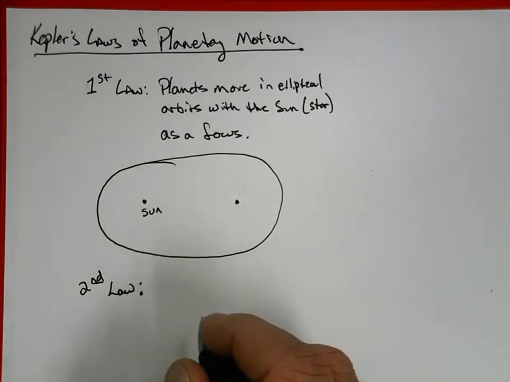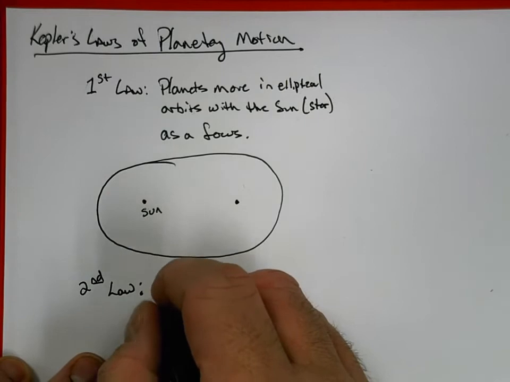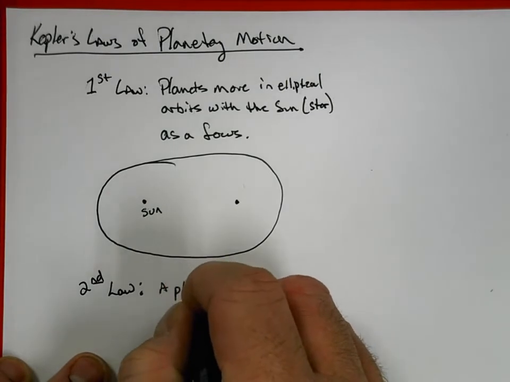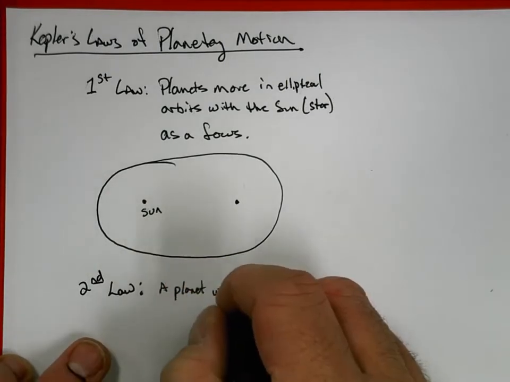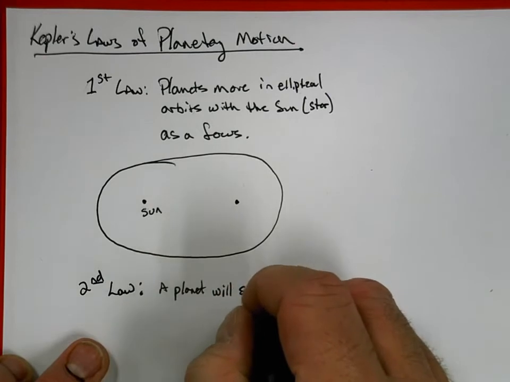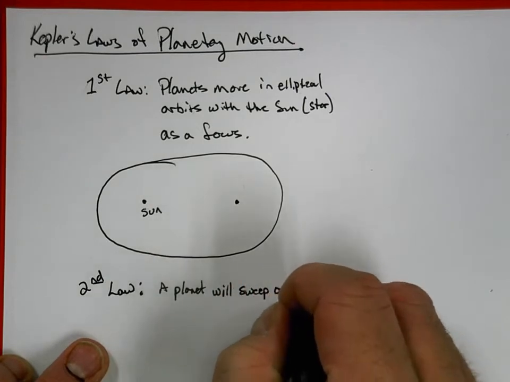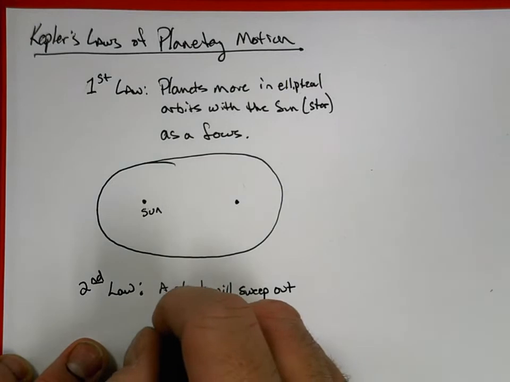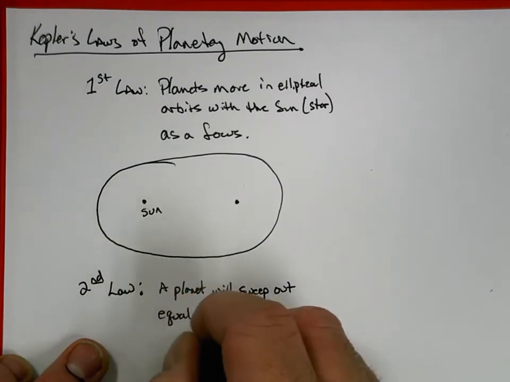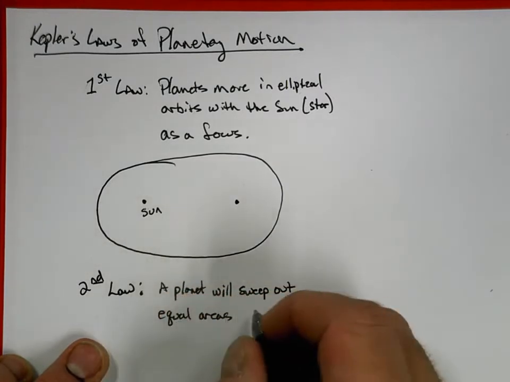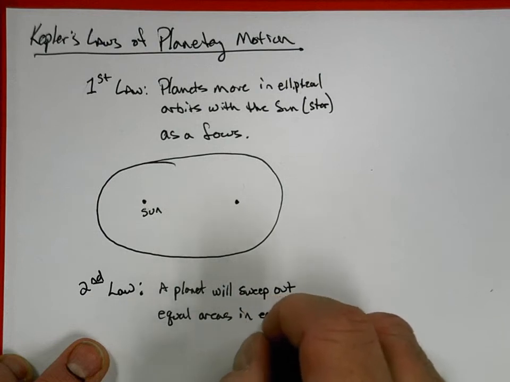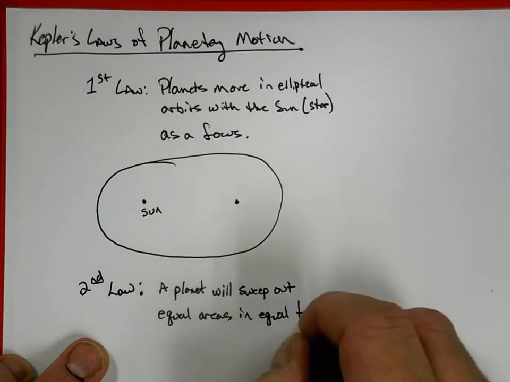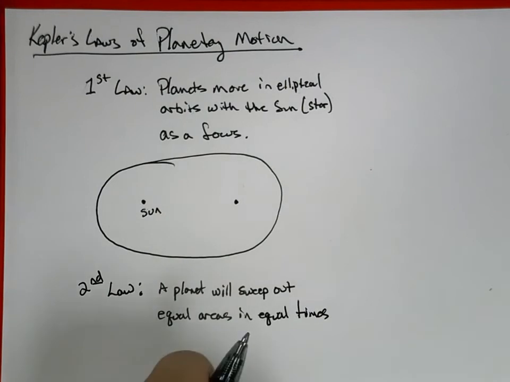The second law is that a planet will sweep out equal areas in equal times. Okay, so what exactly does this mean?